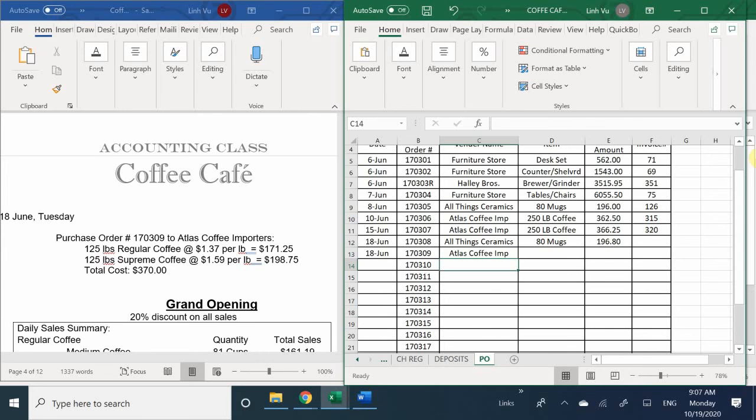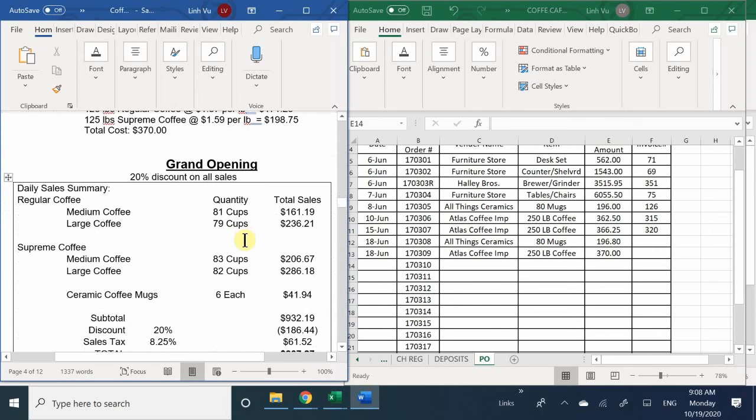For what? 250 pounds of coffee. And what's the amount of the invoice? 370. Perfect. So we still have two pending purchase orders.